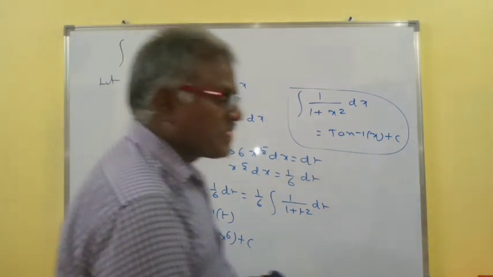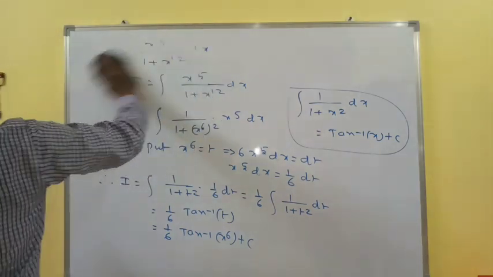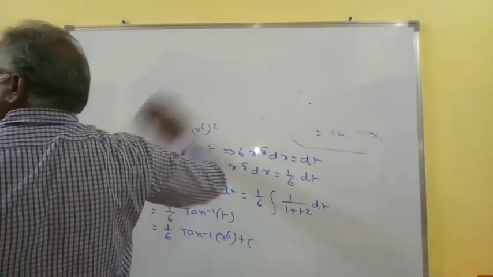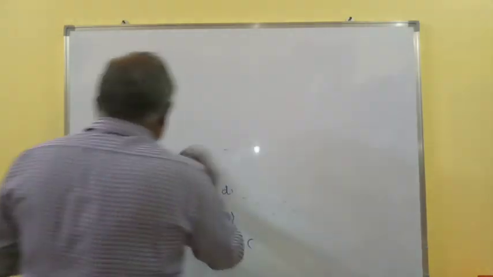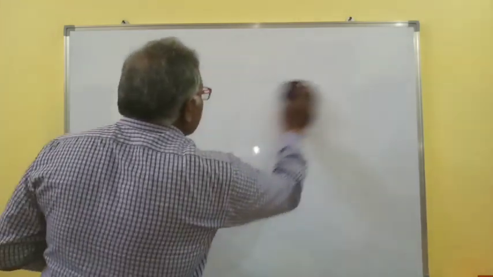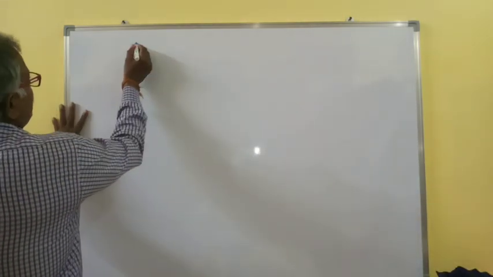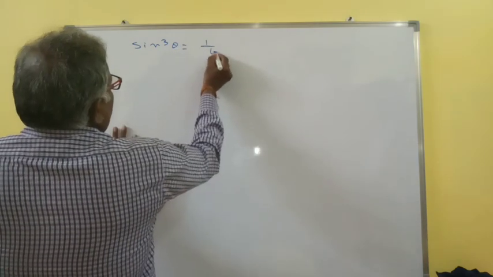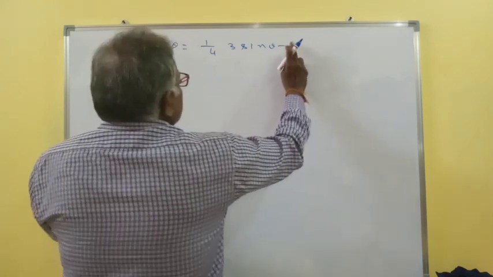Final step. Okay, next one: cos cube x. For cos cube x or sin cube x, whatever it may be, you should remember two formulae. One is sin cube theta equal to 1 by 4 into (3 sin theta minus sin 3 theta).